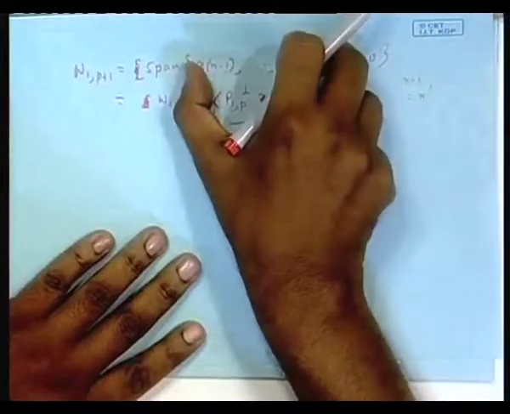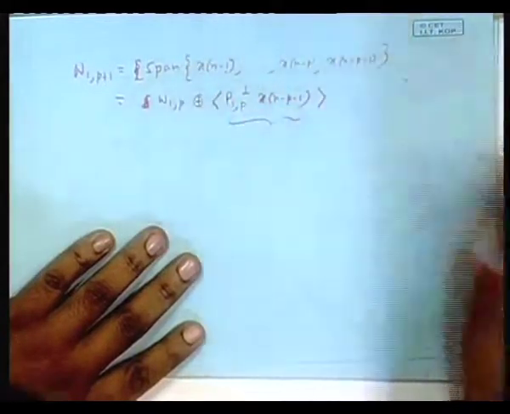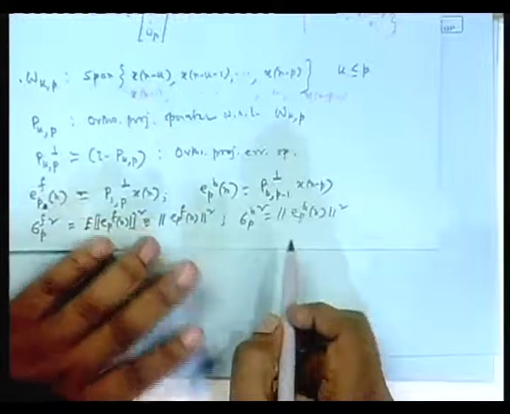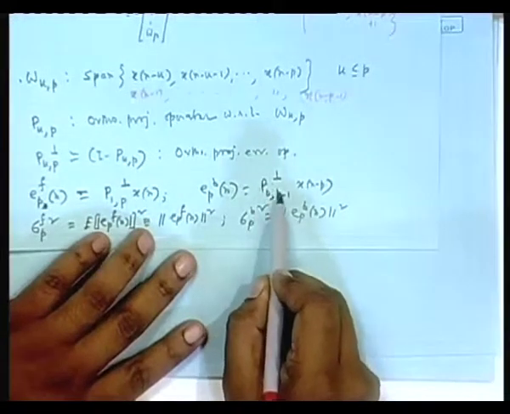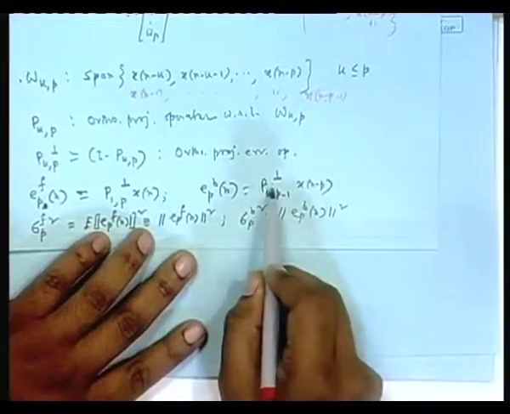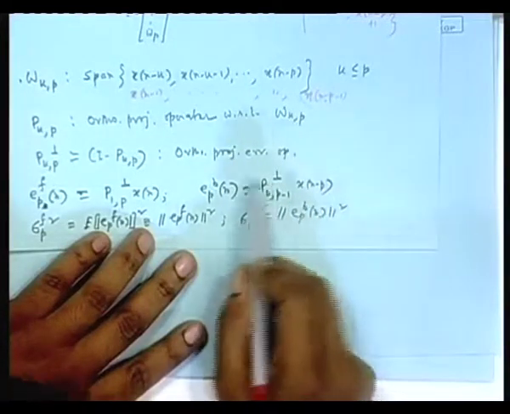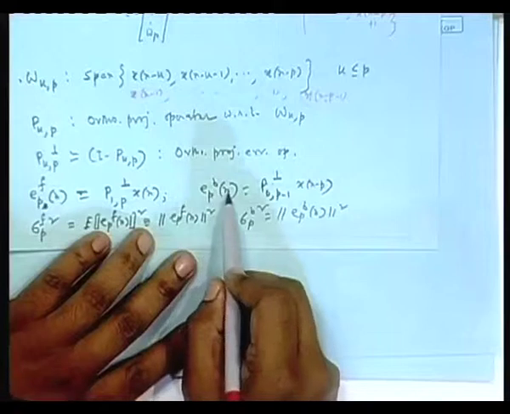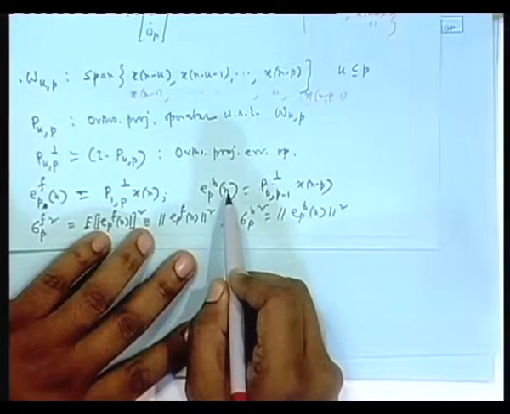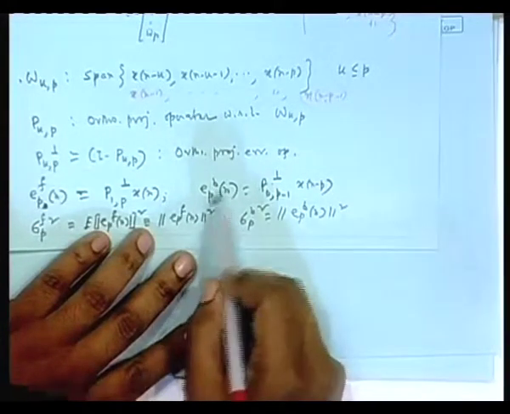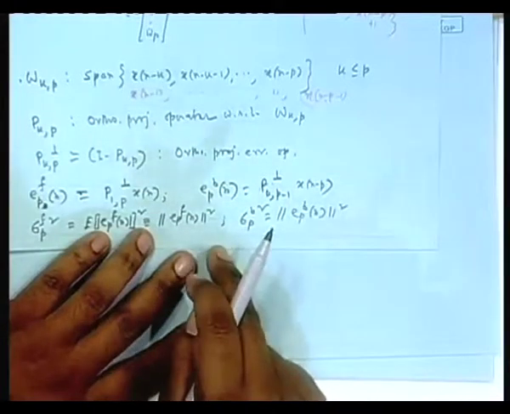This I am projecting on this part. That means n prime minus p is projected on the space spanned by what? n prime minus 0, n prime minus 1, up to n prime minus p plus 1. What is projected? n prime minus p. So what do you get here? E p b at n prime, and n prime is n minus 1.